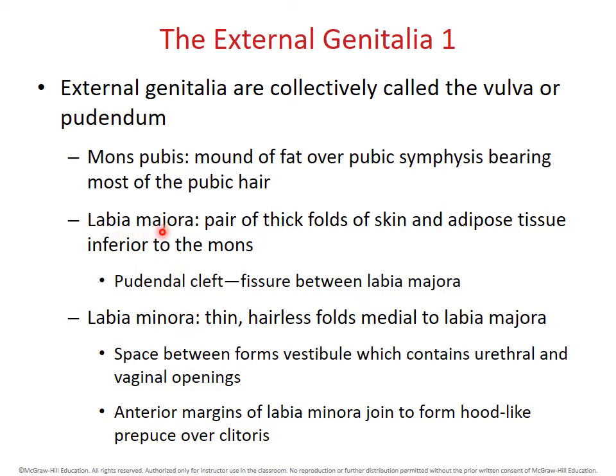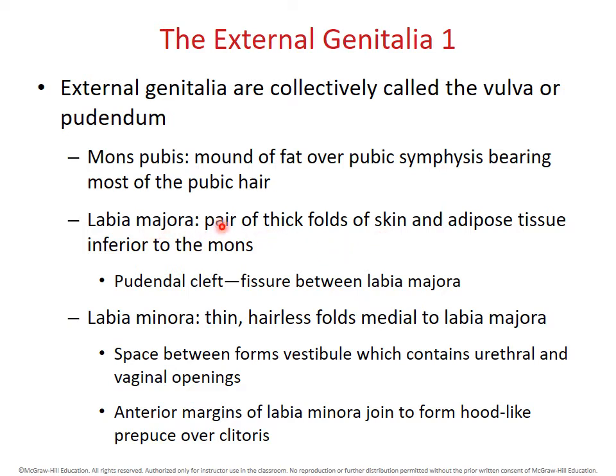Again, there are two, one on each side. Each one is referred to as a labium. So this one singular would be labium majus, and singular for this would be labium minus. But since we usually refer to them as a pair, we usually use the terms labia majora and labia minora.